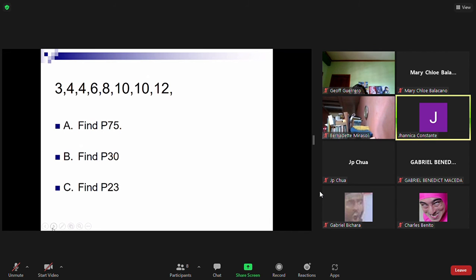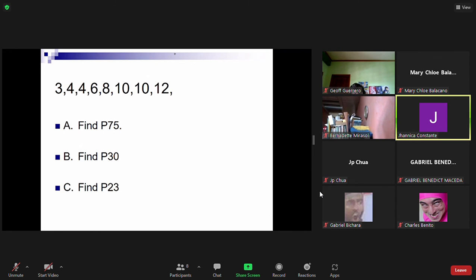So you can see when you are solving for the measurement of the position of the data, the data that you have should be in ascending order. If you're solving for quartile, percentile, or deciles, the set of data that you have should be arranged into ascending order.